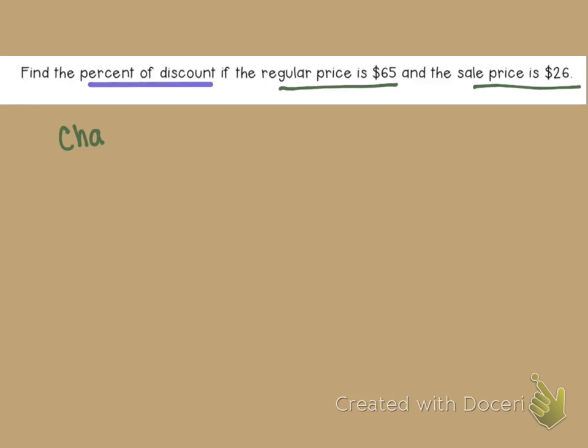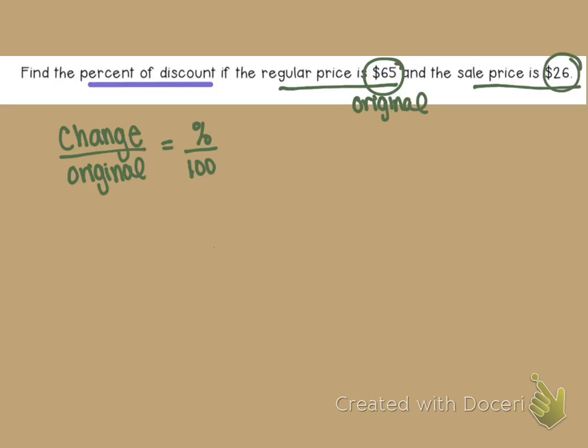Change over original equals percent over 100. So it says the regular price is $65. That's your original. And the sell price is $26. That's your change. So it's asking for a percent. So percent is what we're looking for.